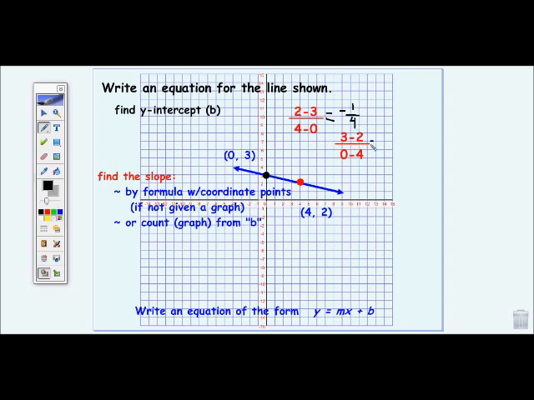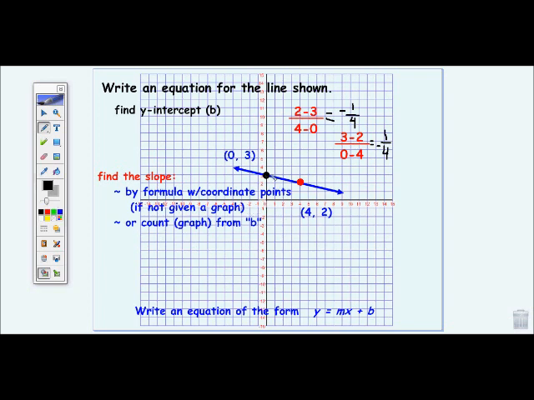And in the other one, I would have 3 minus 2. I get a positive 1 for my numerator, but I get a negative 4 for my denominator, making my slope a negative 1/4.